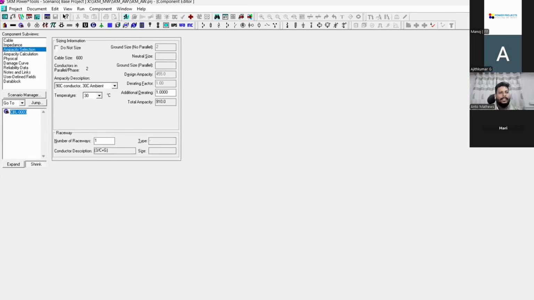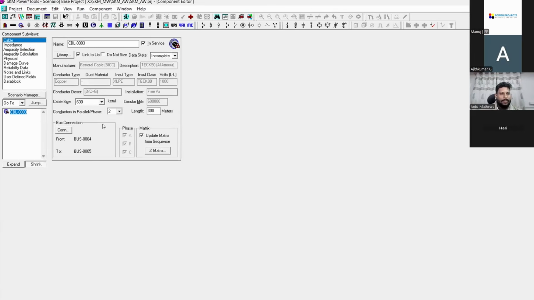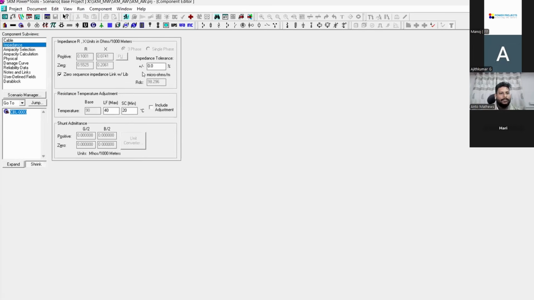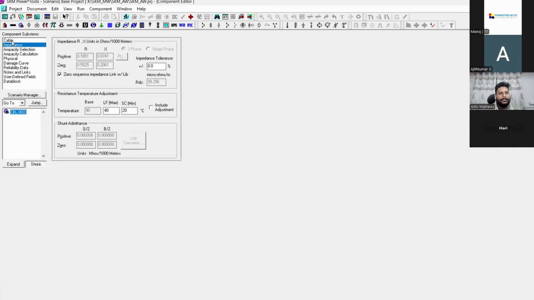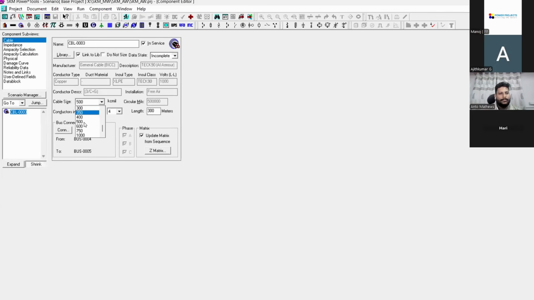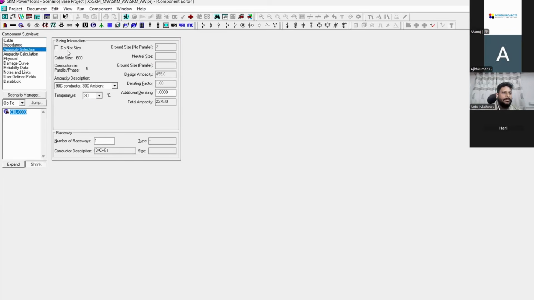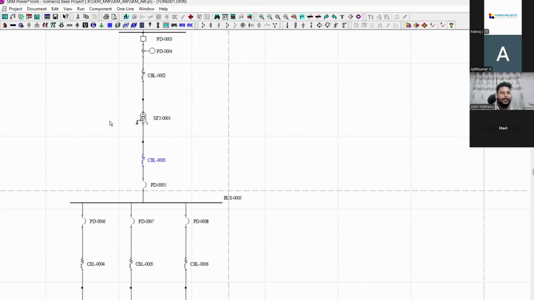So my design will be like this, if I'm considering the cables. The cable ampacity is above our range, so we can go to the next point.